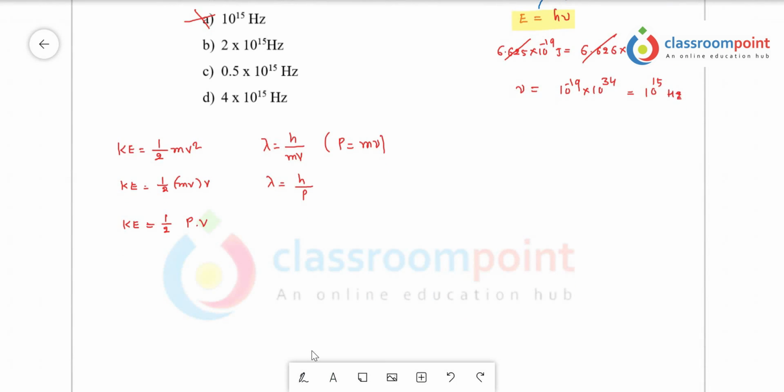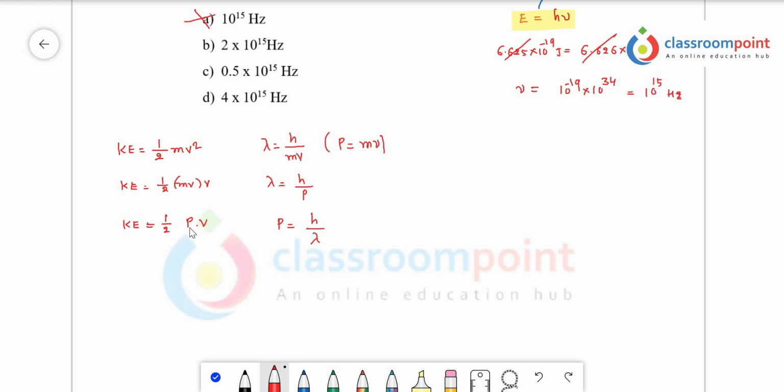Now here in place of p, equals h upon lambda. So in place of p, I will write h upon lambda, so that K equals half h upon lambda into v. And here we are going to discuss one more important thing.